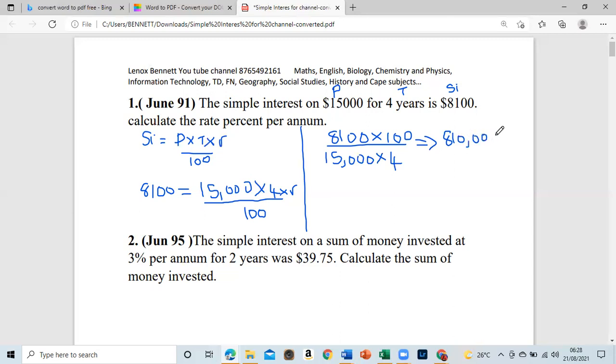And this is supposed to give us 60,000, right? Because it's 15,000 times 4. Now we divide that, and bam, we get the rate.